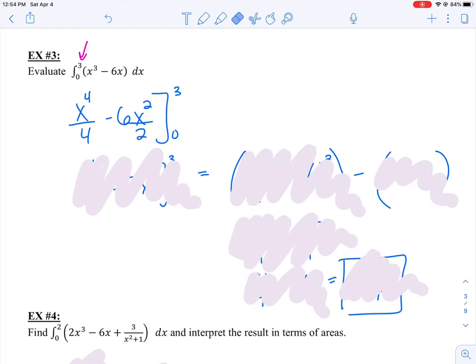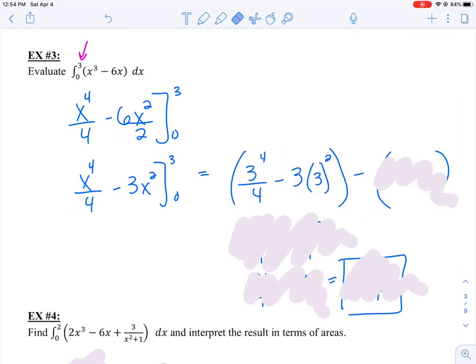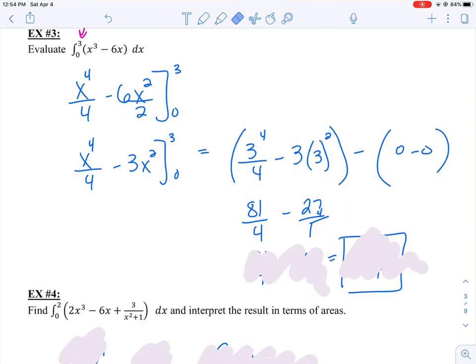Let's integrate. I have an antiderivative of x to the 4th over 4 minus 6x squared over 2, and we're going to evaluate it from 0 to 3. That means I'm going to use my fundamental theorem of calculus. I'm going to plug in my upper limit, plug in my lower limit, and then subtract those two values so I can find the change in my antiderivative from 0 to 3.